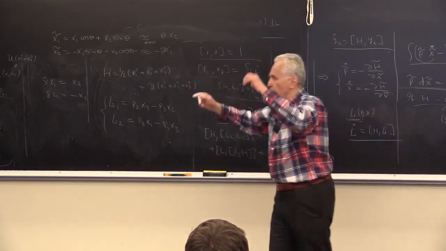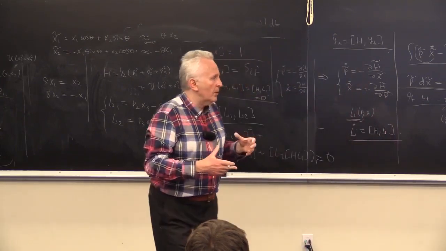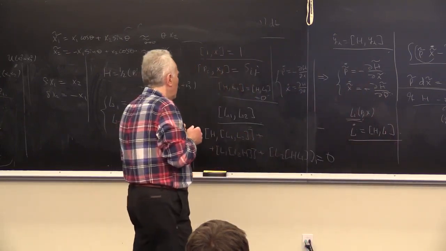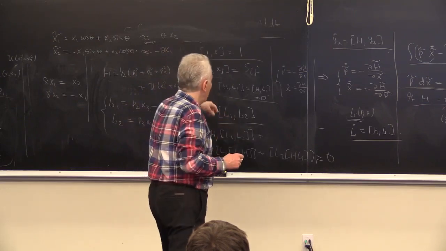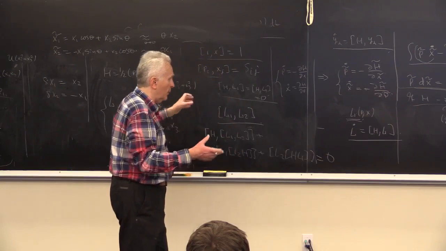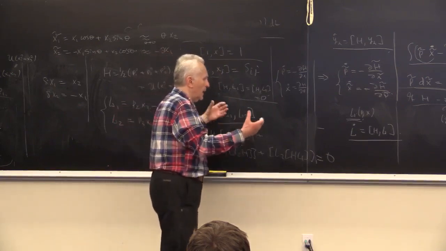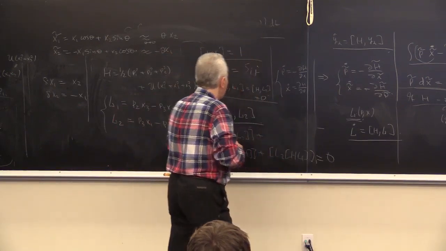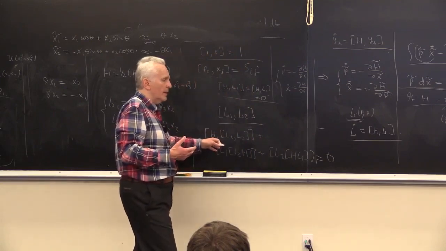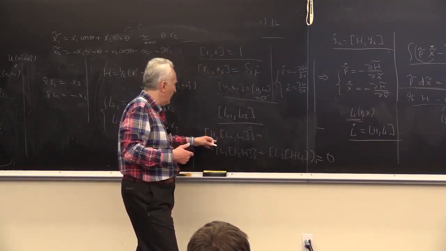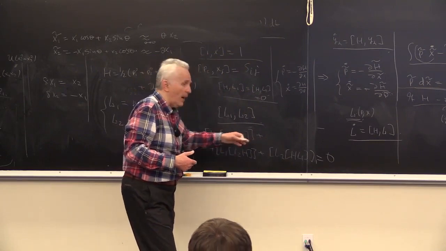So the Poisson brackets allow you to get new integrals from the old ones. When you have two, you always can take a commutator. And by the way, when I was writing this, I hope you noticed the rule.